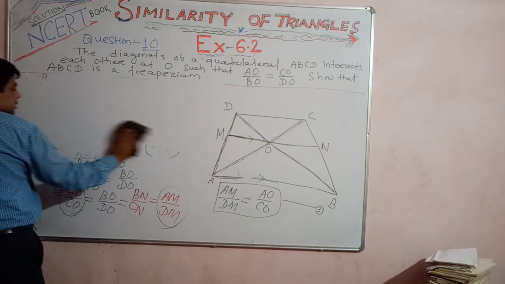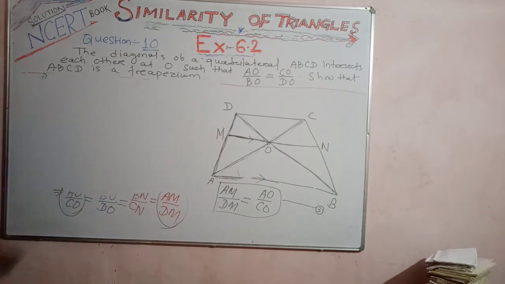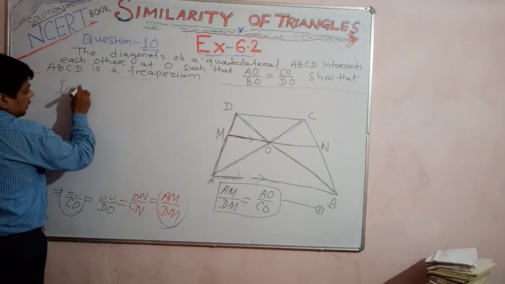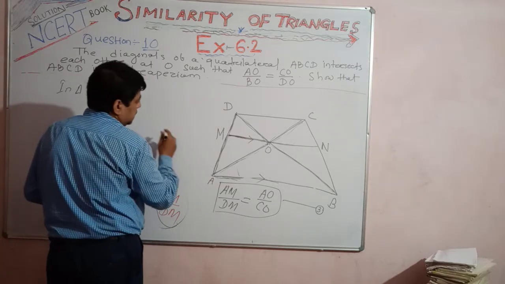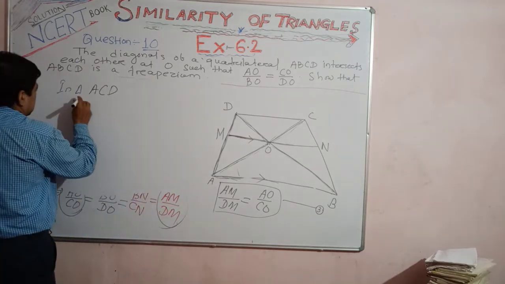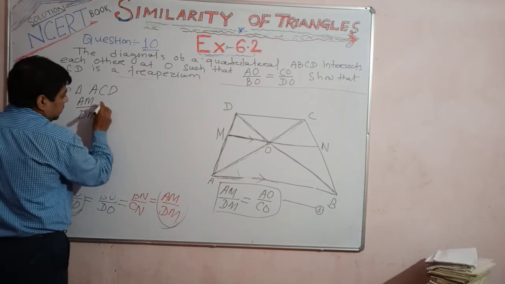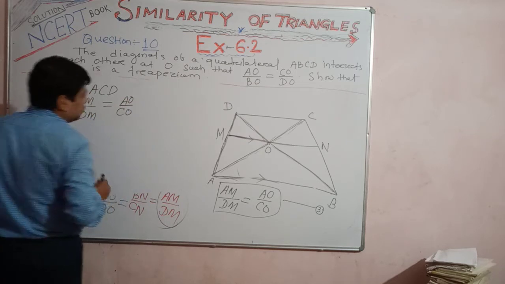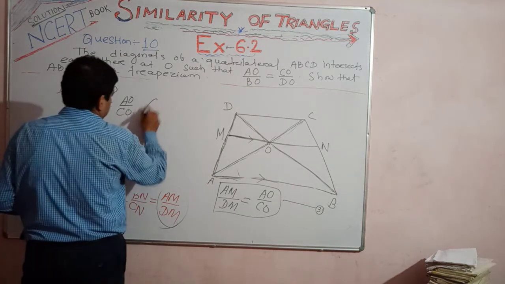Now look at here. In triangle ACD, AM upon DM is equal to AO upon CO, from equation 3.